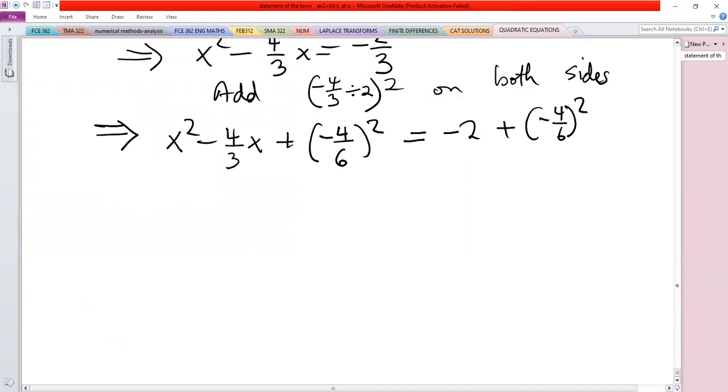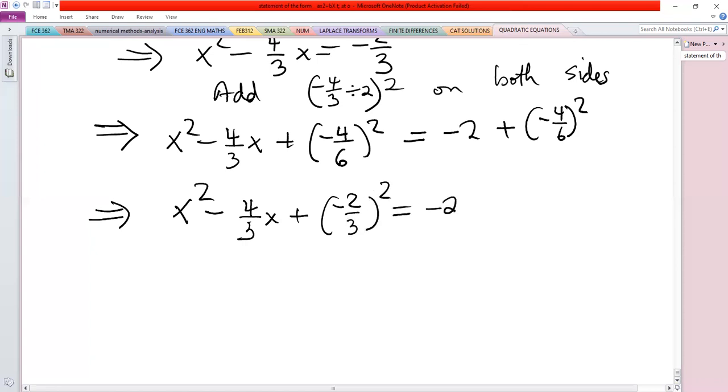Now that's the same thing as writing x squared minus 4 over 3 x plus minus 2 over 3 squared equals minus 2 plus minus 2 over 3 squared.